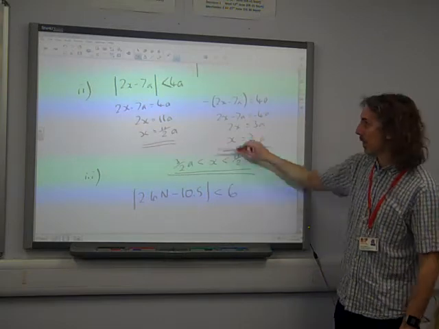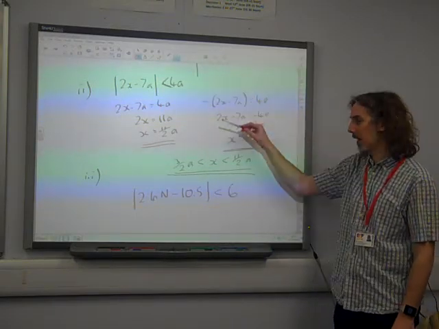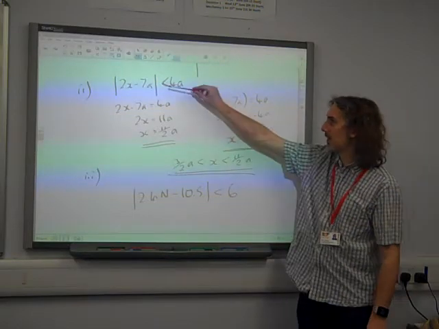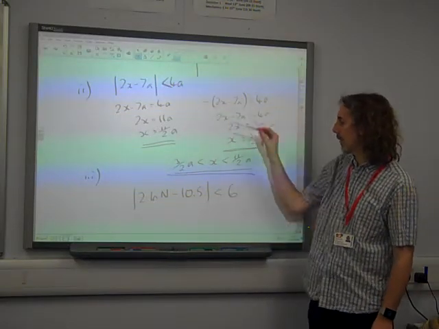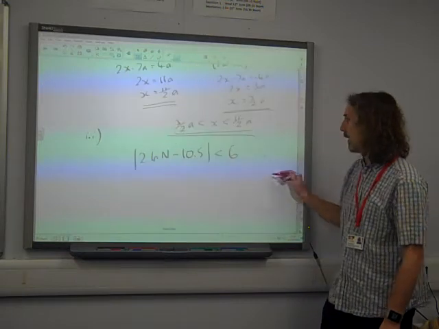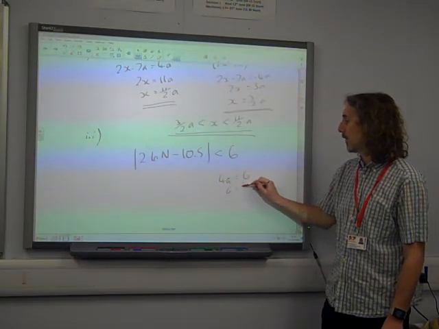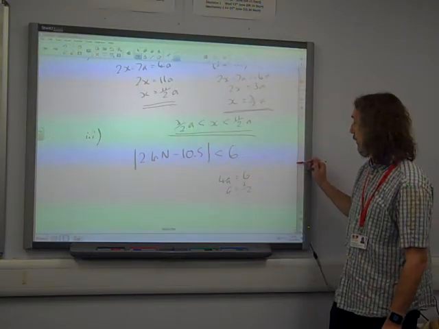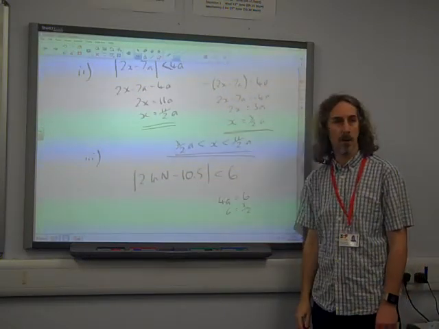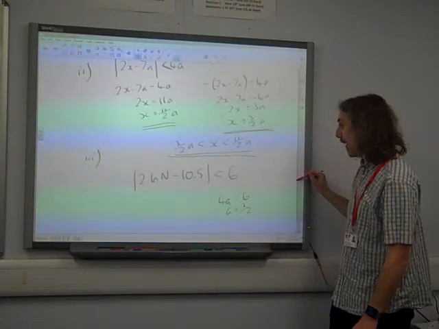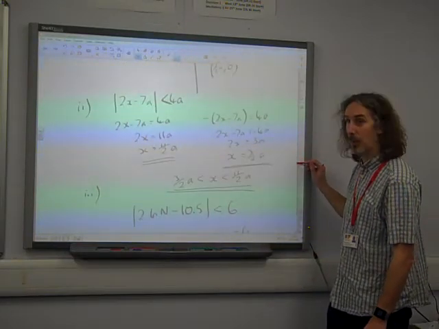As it's saying deduce, there must be a connection between that inequality and this one. Well, it looks to me like instead of 7a we've got 10.5, instead of 4a we've got 6. That means that a is 3 over 2. That works, doesn't it? 3 over 2 times 7 gives us the 10.5. So this is working with a as being 3 over 2. And instead of x, we've got ln n.